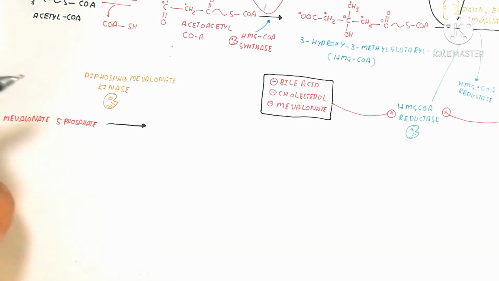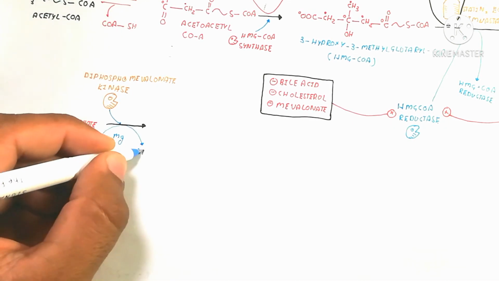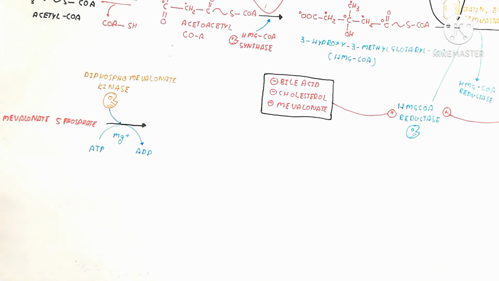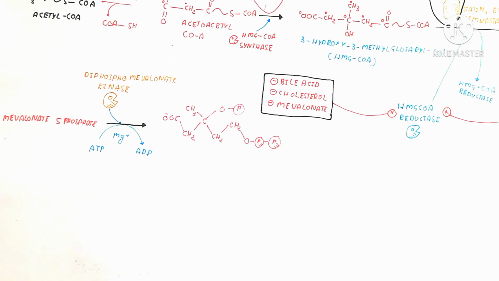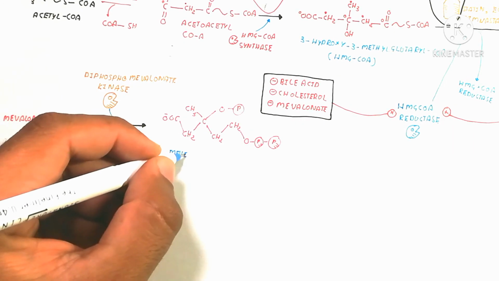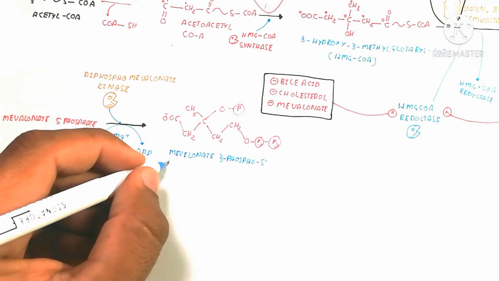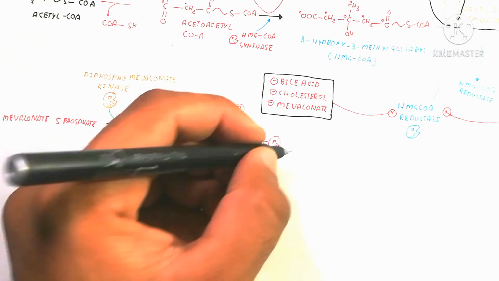So here I am discussing the mevalonate 5-phosphate, which is acted on by the diphosphomevalonate kinase enzyme using ATP. Obviously, that converts into mevalonate 3-phospho-5-diphosphate. It means two phosphate groups are attached at carbon number 5.